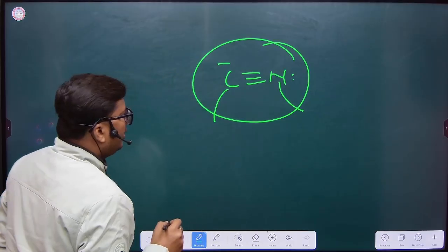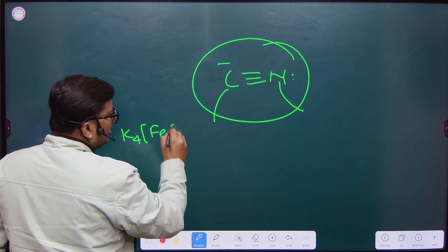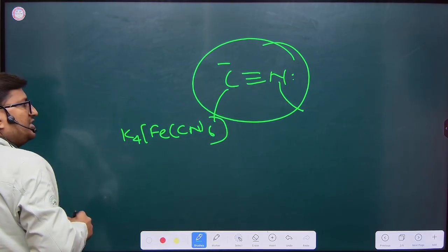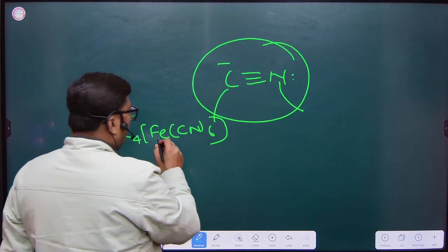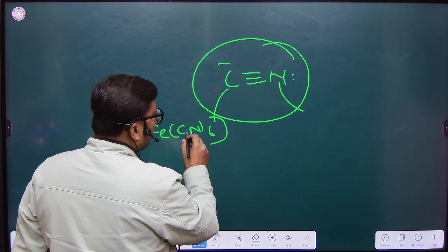So in K4[Fe(CN)6], right? In this ligand, the iron metal cation, the iron ion, is directly attached with carbon.